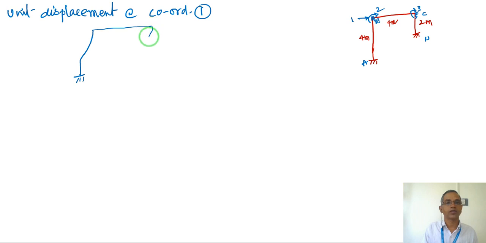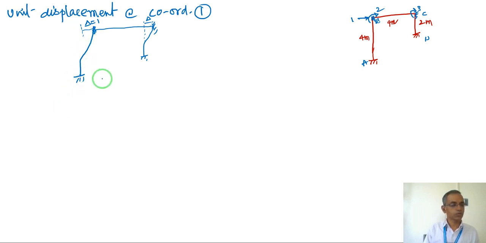Remember, the joints are still fixed. I have applied a delta displacement equal to 1, and this causes the same amount of delta in column 2 also.